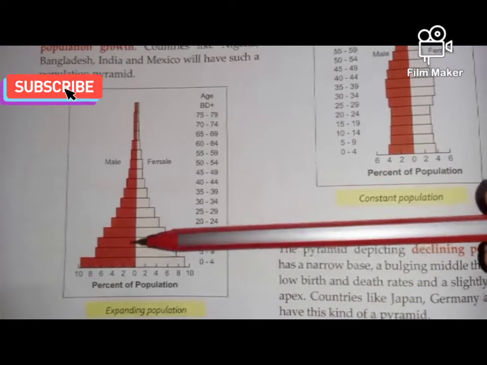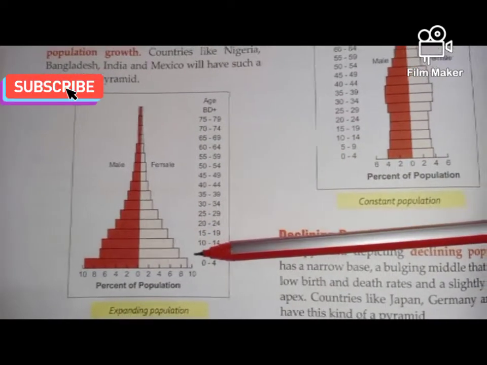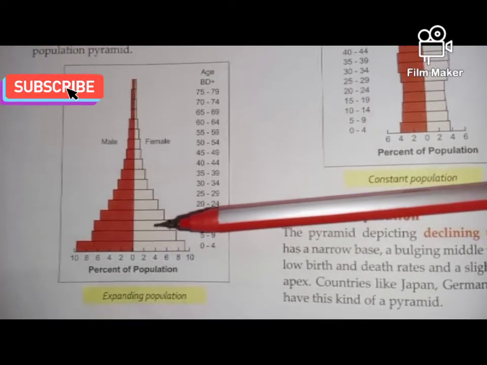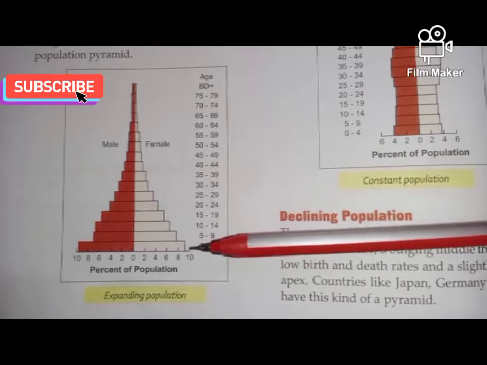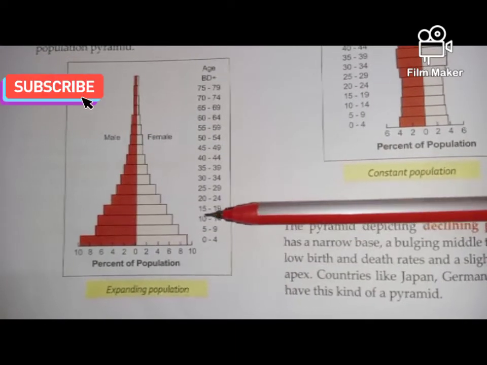And this is the population pyramid, which just looks like a pyramid. After learning the basics, this pyramid can be used to study the various types of population between the male and female.